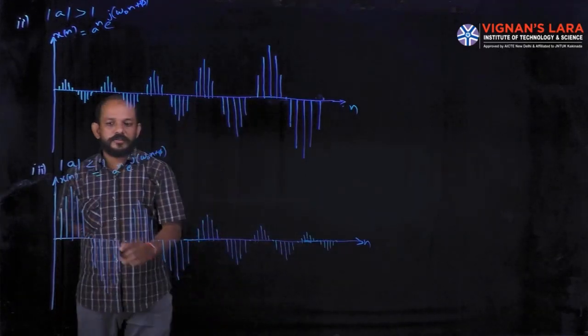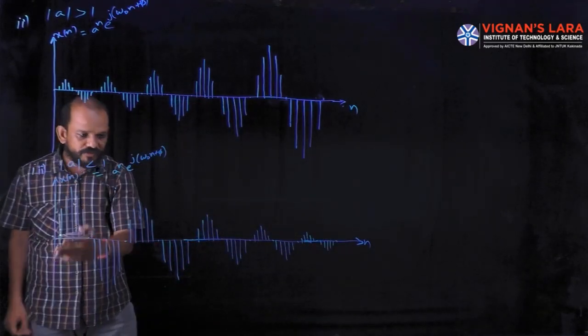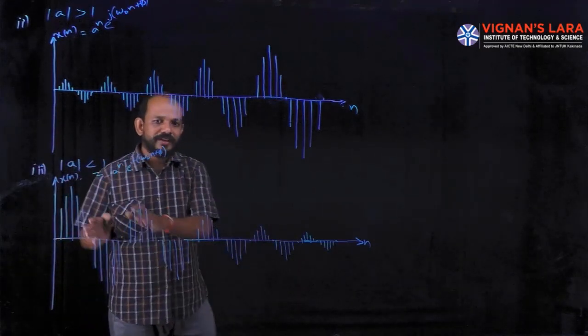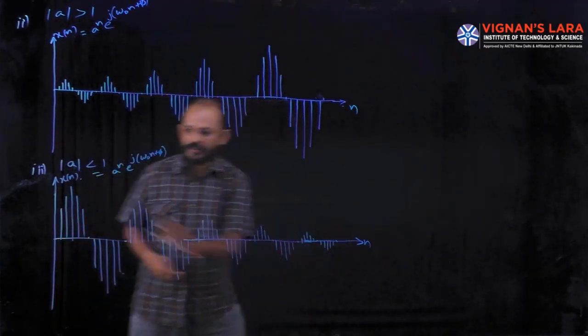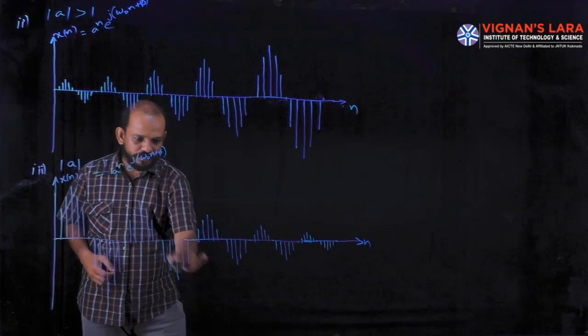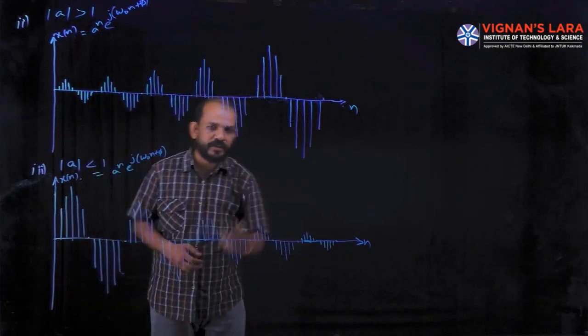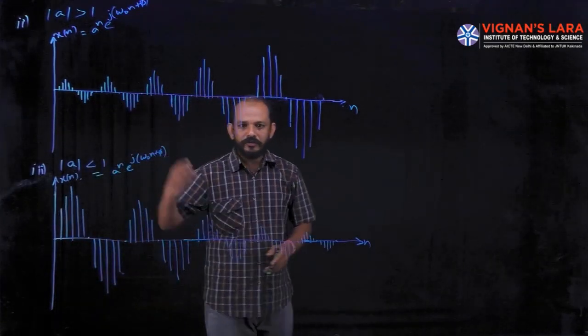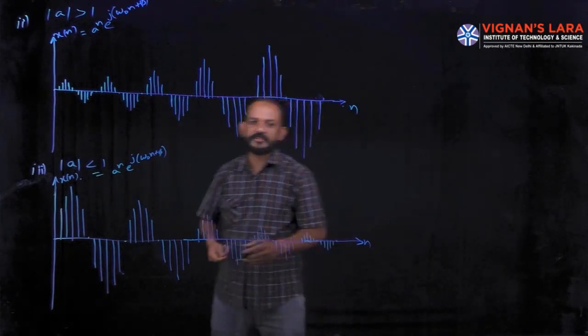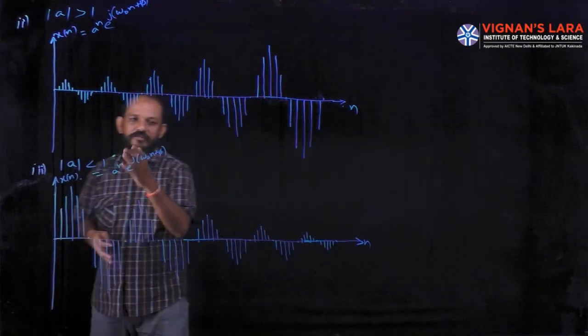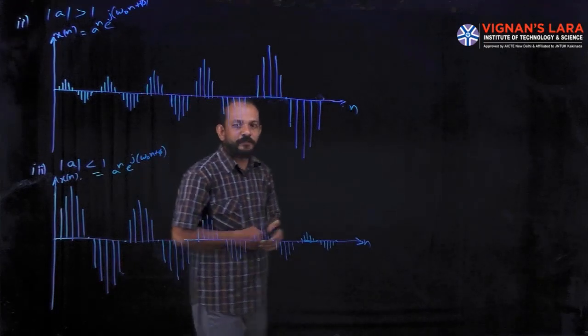See, so here the amplitude of the sinusoidal sequence is decaying exponentially, as shown in the diagram. So these are the second and third cases of the discrete time complex exponential signal.